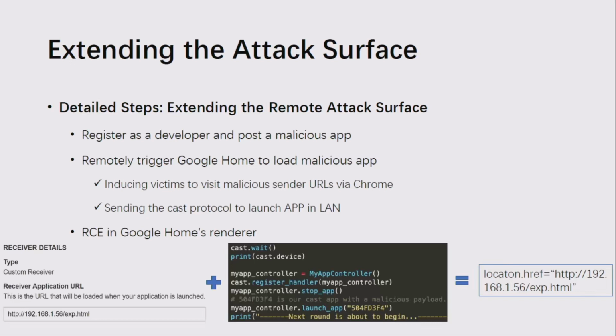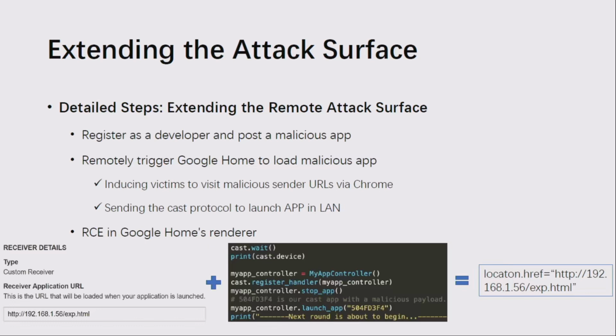If the attacker and the Google Home are in the LAN, the attacker can also send a CAST protocol message such as the launch app request. This request will directly trigger the Google Home to access the CAST receiver URL. To make matters worse, if the router in the victim's home turns on UPnP port forwarding, the attacker can also complete the remote silent attack over the internet.